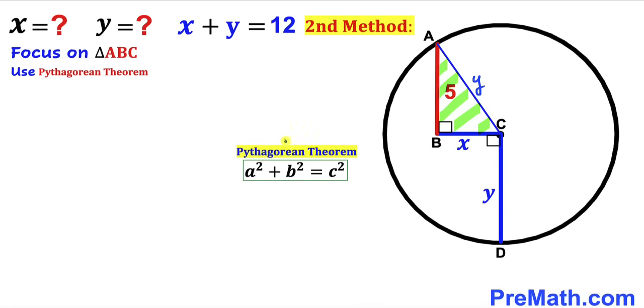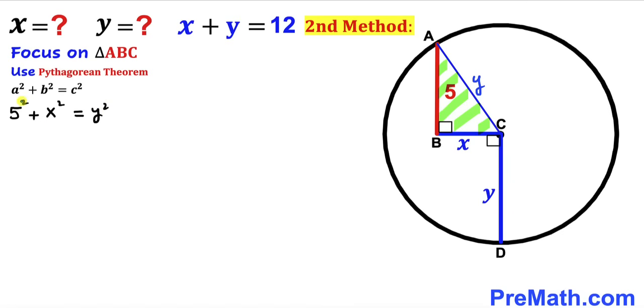And here's our Pythagorean theorem: a square plus b square equal to c square. And in our case our hypotenuse is y, whereas two other legs are x and 5. Let's go ahead and fill in the blanks. So we can write 5 square plus x square equal to y square. And now we can see 5 square is 25. And I'm going to drag this x square on the other side.